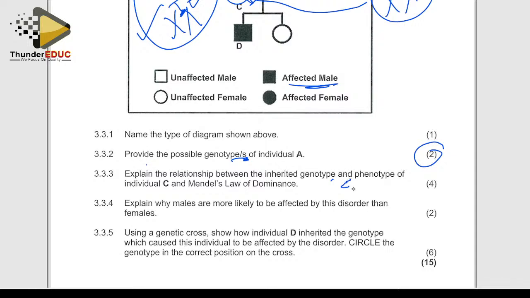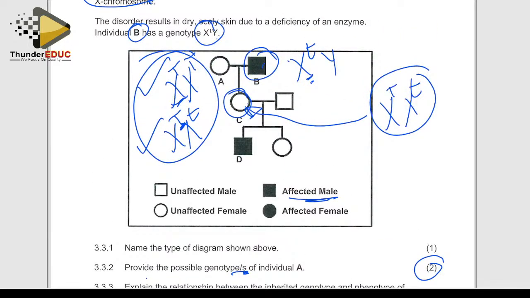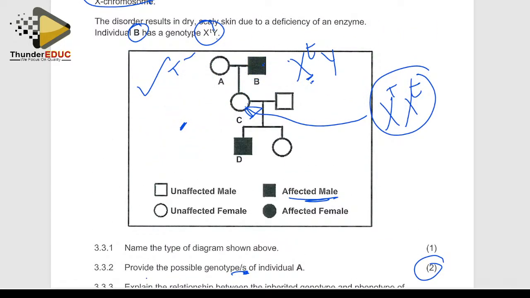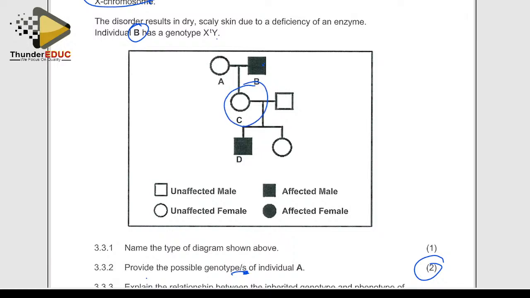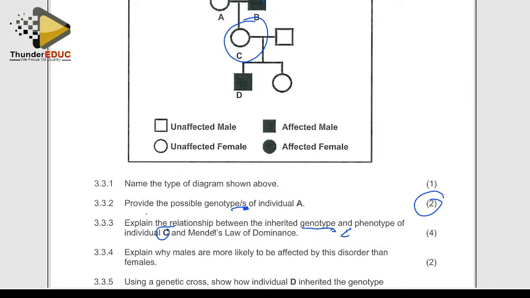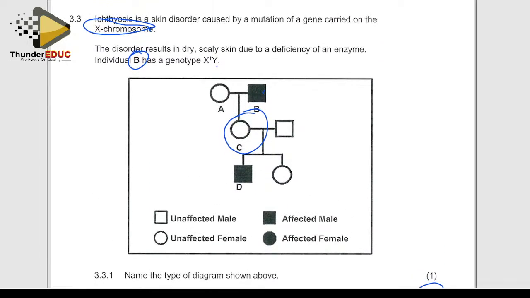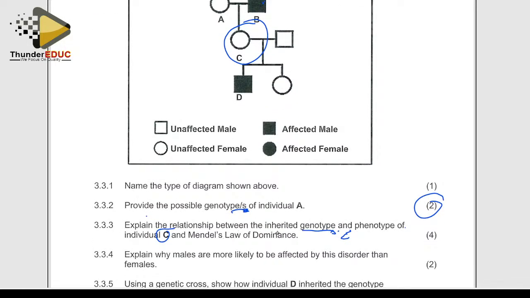Let's find out who individual C is. Individual C is here. Okay, individual C, we have seen that.